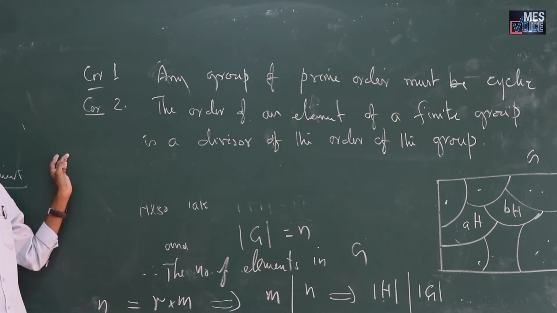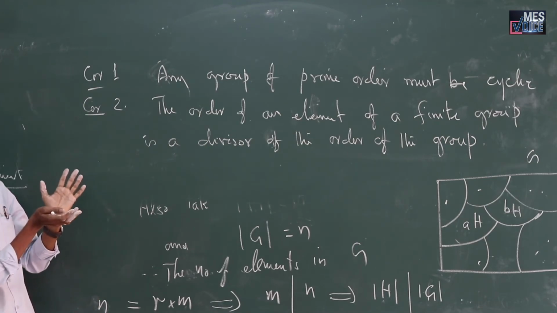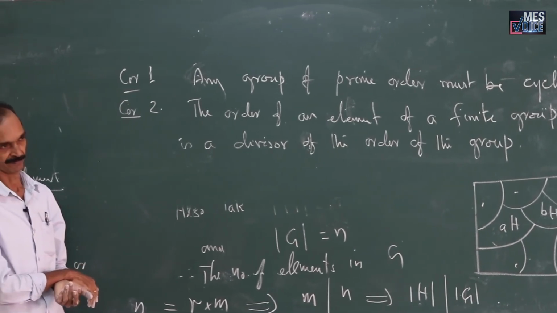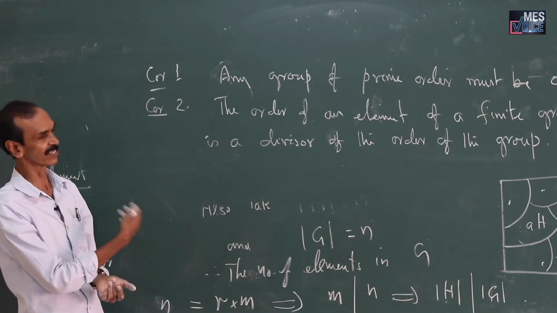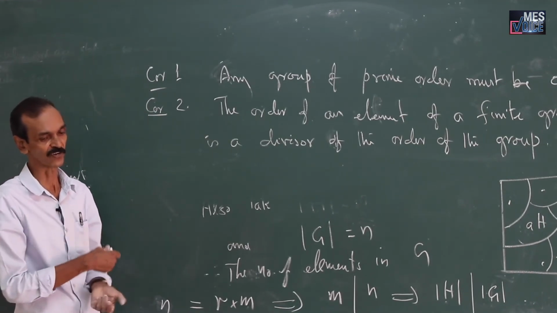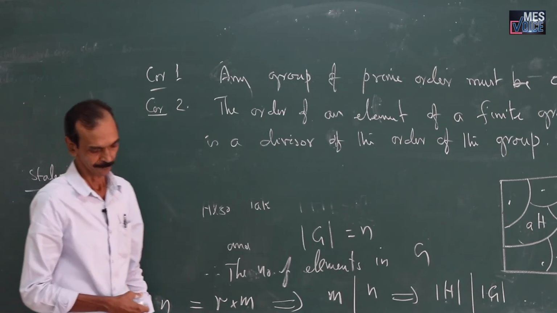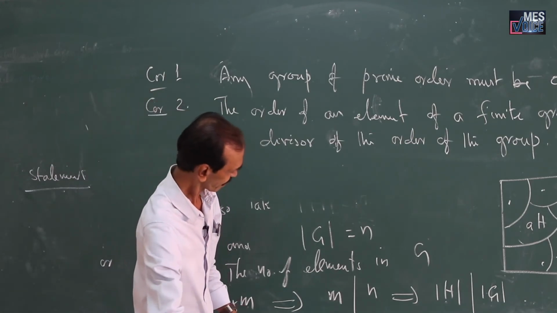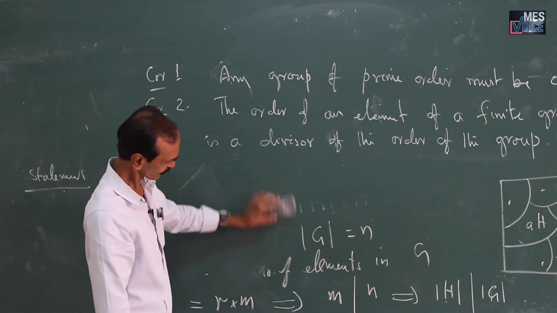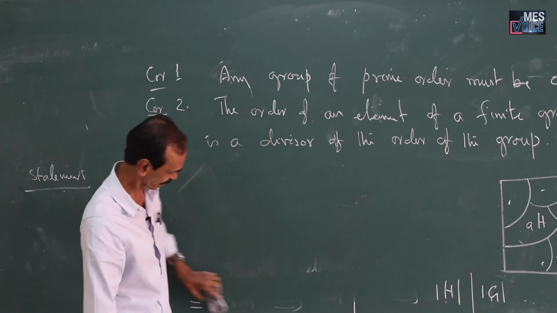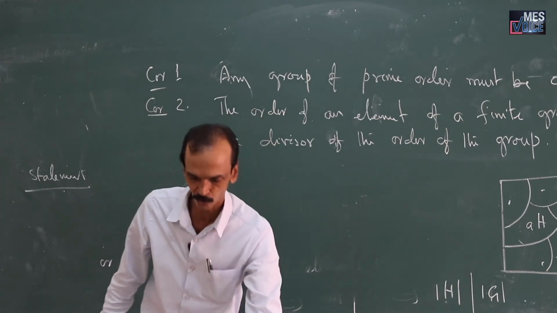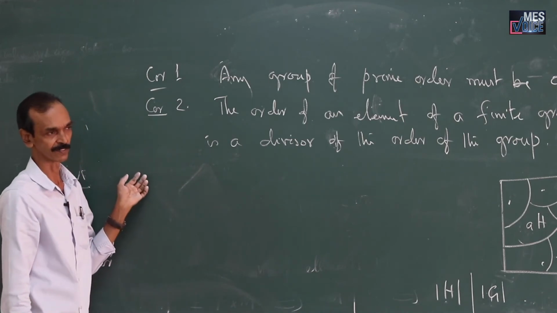by introducing the possibility of the converse of the theorem. That is, whenever we establish a result, we naturally think of its converse. Here, Lagrange's theorem states that the order of a subgroup of a finite group is a divisor of the order of the group. What about the converse?